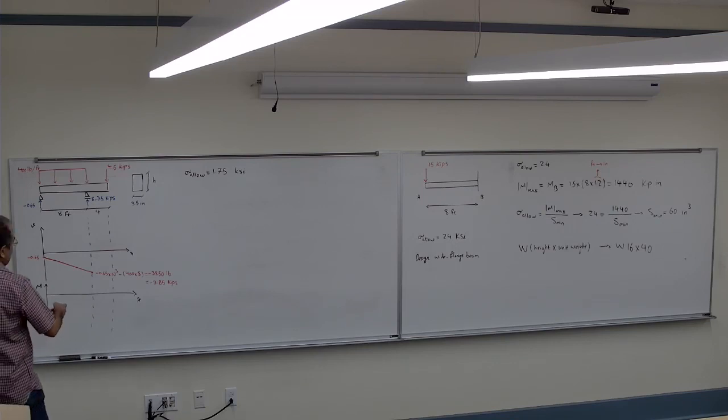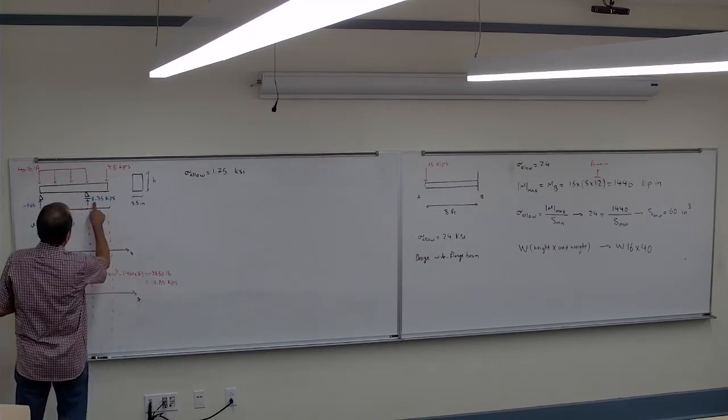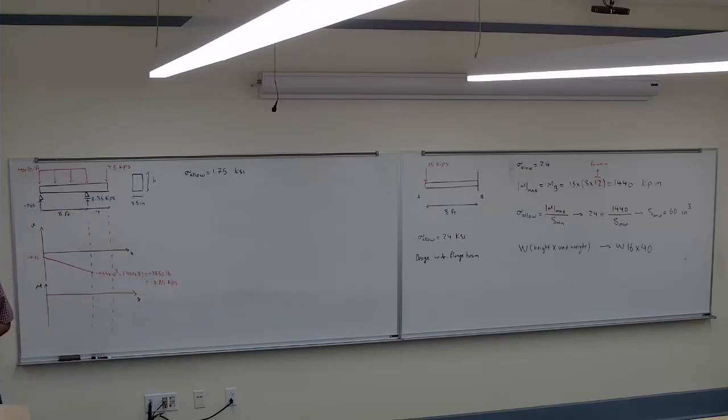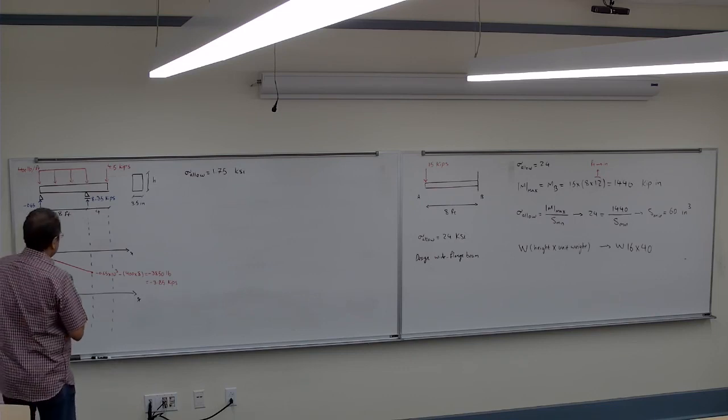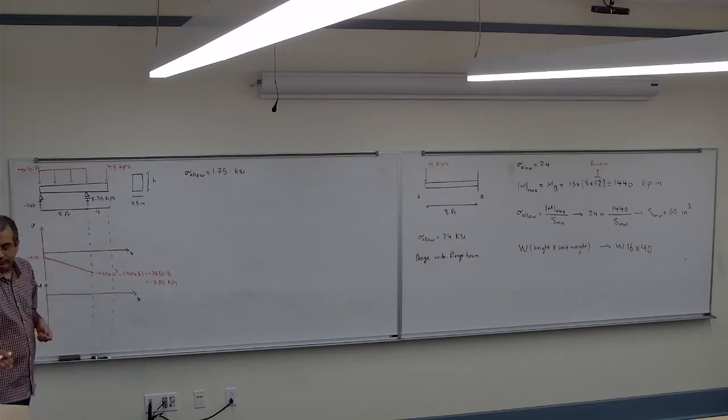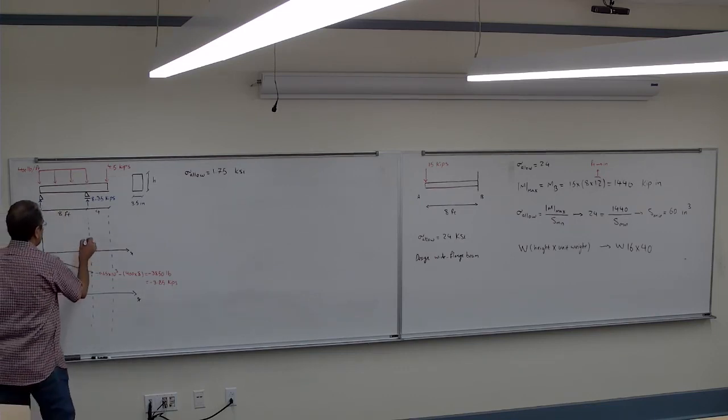Then it gets to negative 3.85 and then 8.35 pushing it up. So how much is it gonna be? It goes up to somewhere here.